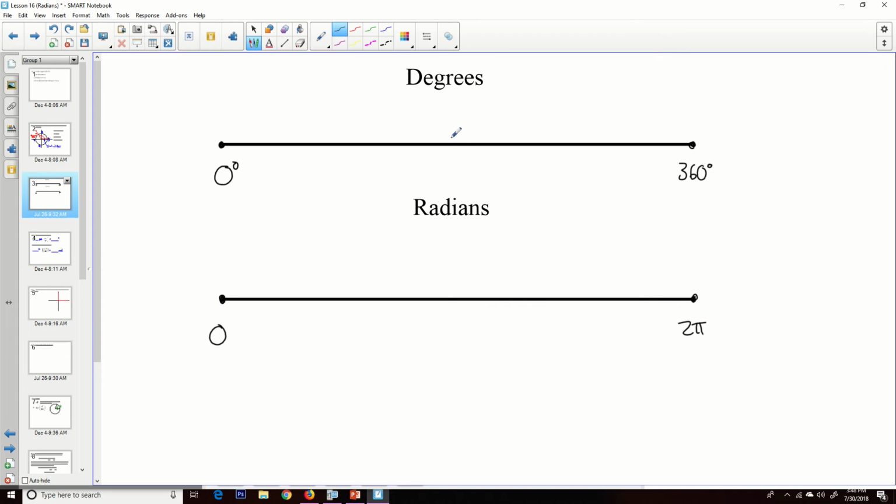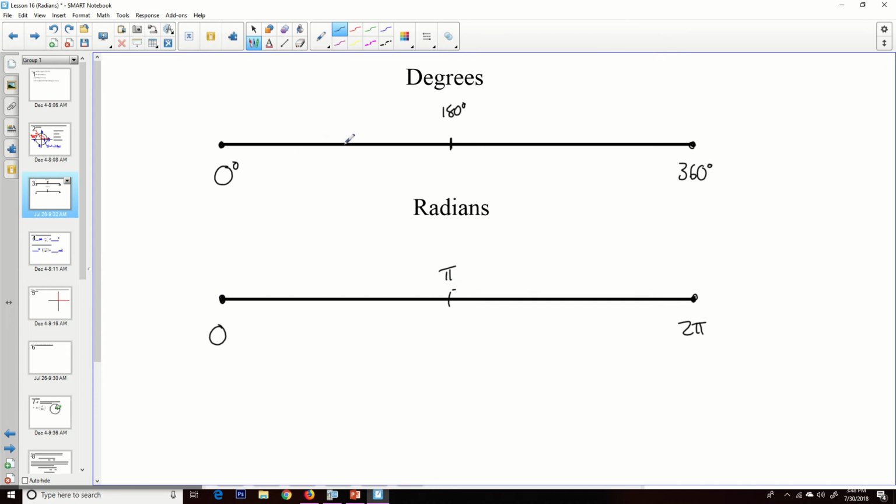If I cut this line segment in half, halfway between 0 and 360 would be 180 degrees. Halfway between 0 and 2 pi would be pi radians. So 180 degrees and pi radians match up.